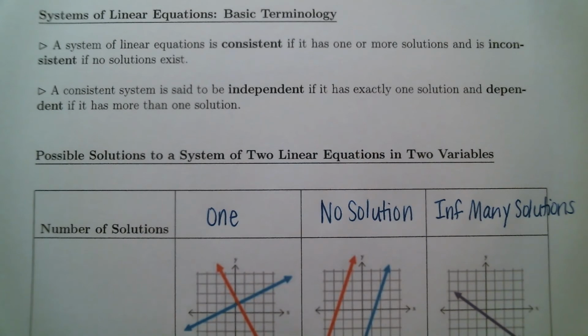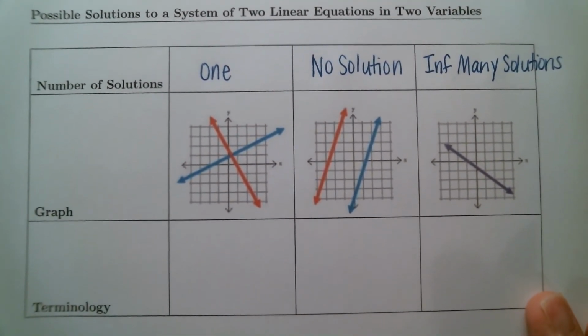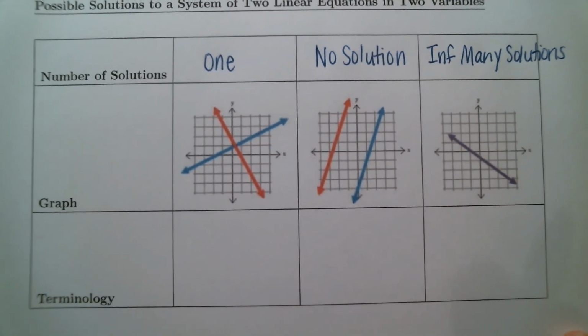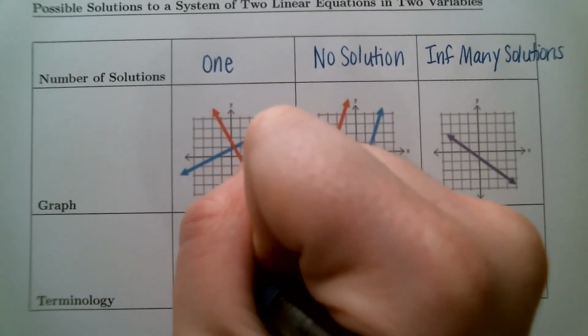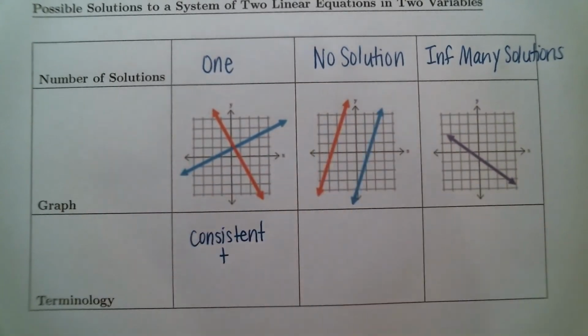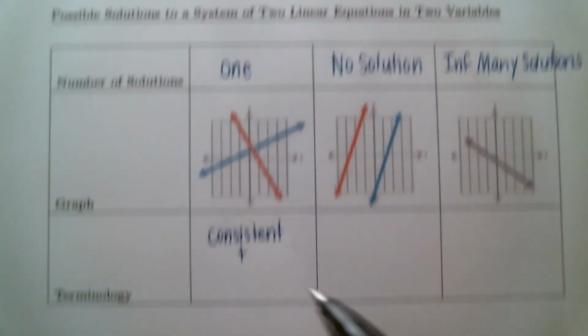Let's look at our 3 different possibilities for solving a system. We're going to label each situation as consistent or inconsistent, and then also independent or dependent. In the case of one solution, there is a solution, so this would be a consistent system. And there is exactly one solution, which means it's independent.